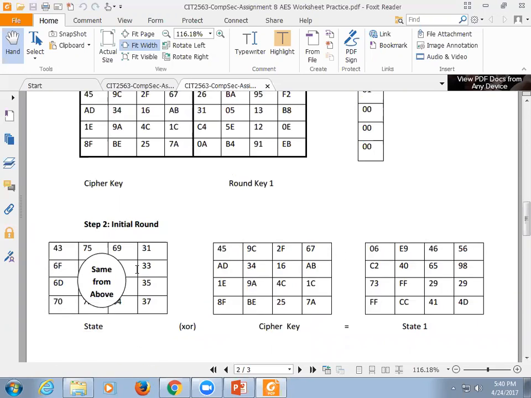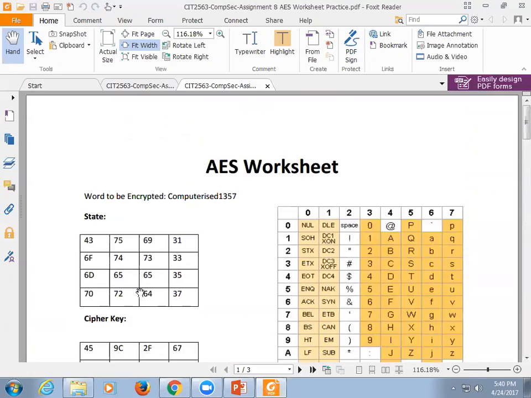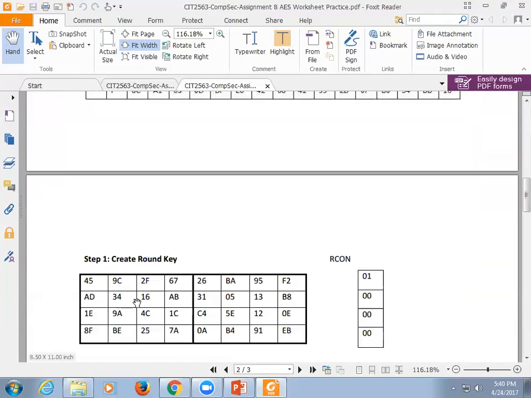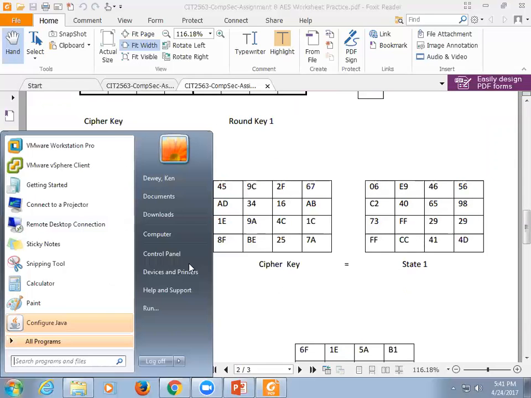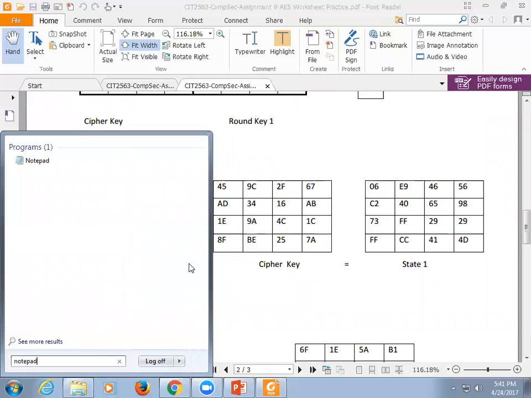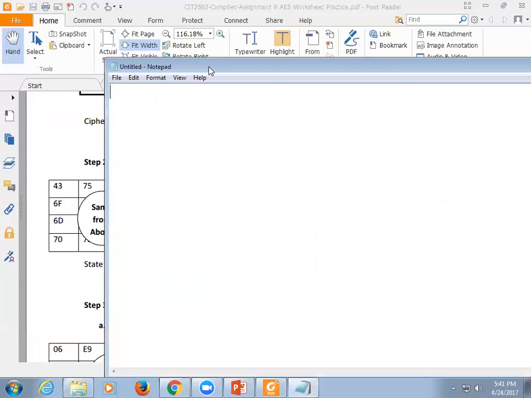Then you take the state, which is the result of that. Actually, the state's right there at the top. You take the state and you XOR it. Let's talk about what XOR is real quick, because I don't know who's had what. So if I have 1, 1, 0, 1, 0 and 1, 0, 0, 1, 1.